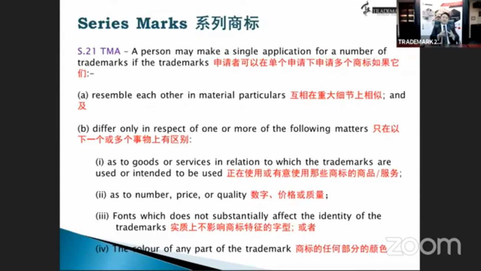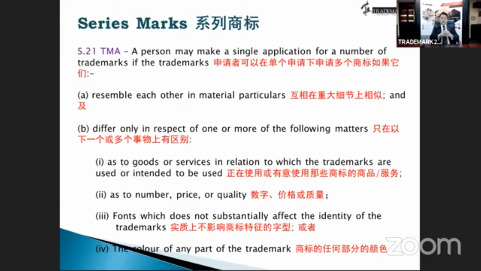Should I register all the Alibabas, all the children of the trademark? The answer is no. You may choose to register under the so-called series trademark. Section 21 of the Trademark Act provides that any person may apply for a series of up to 6 various trademarks in one single application, all right?